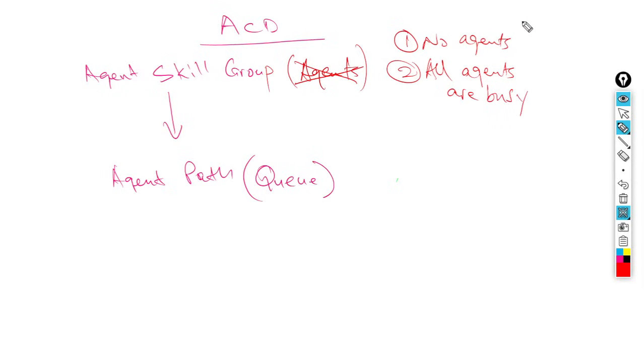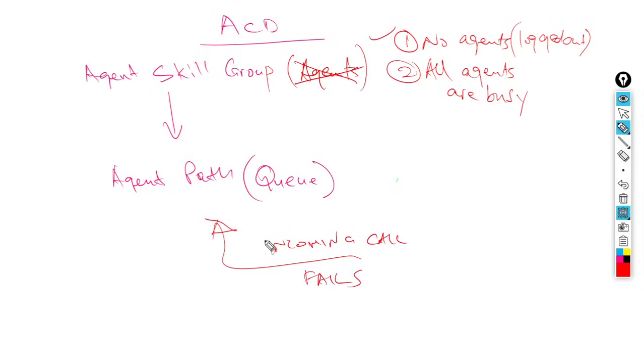When there are no agents, because no agent is logged in, the incoming call will fail for this scenario. If there are no agents in the queue, the call will just fail to ring. It's just an unsuccessful call. It is as if you are calling a number that does not exist.